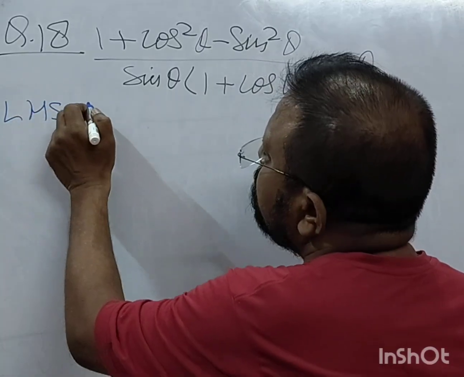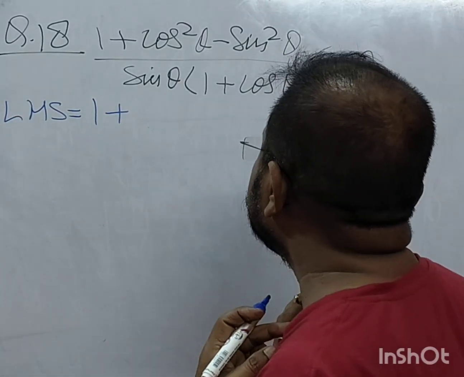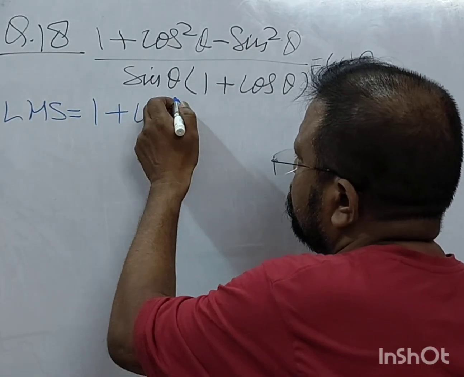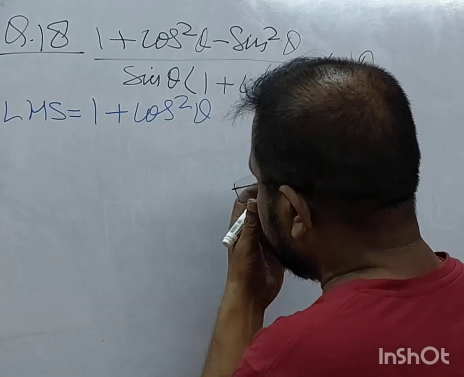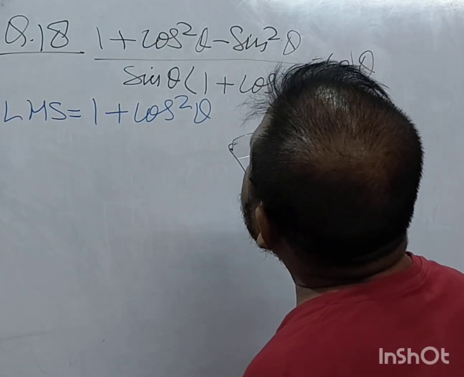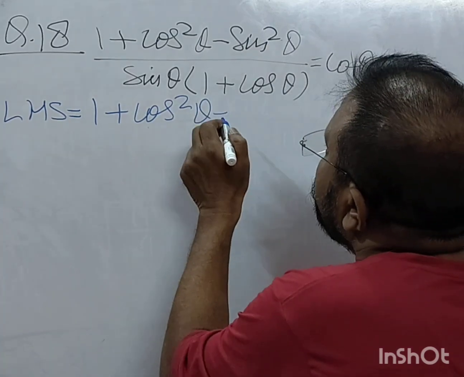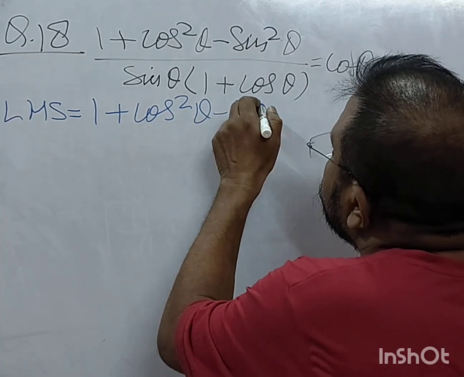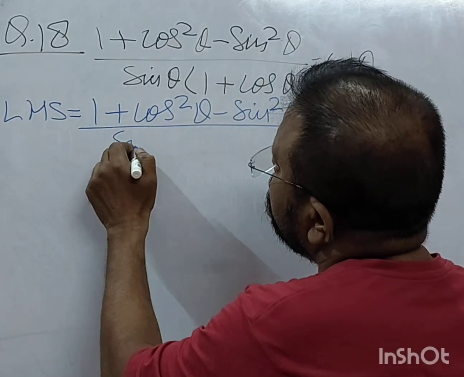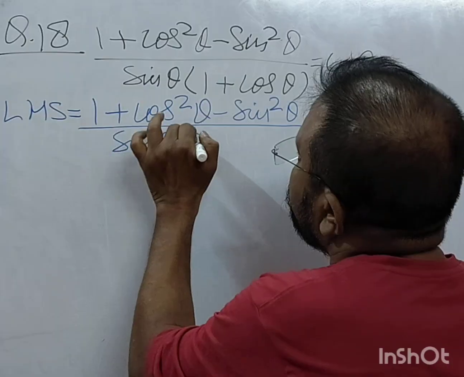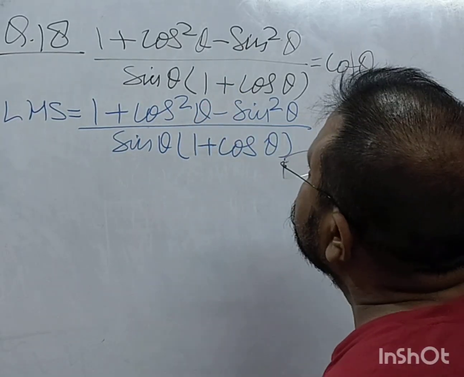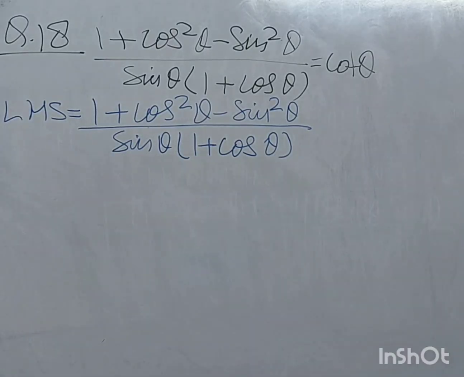LHS is equal to 1 plus cos square theta minus sin square theta upon sin theta (1 plus cos theta), right? This is what we have.